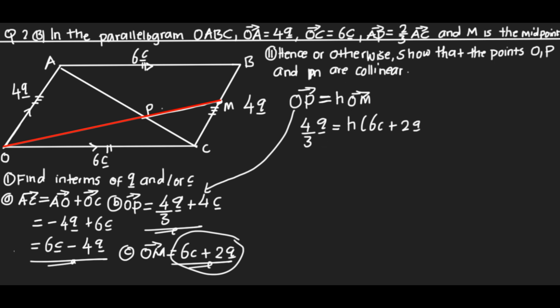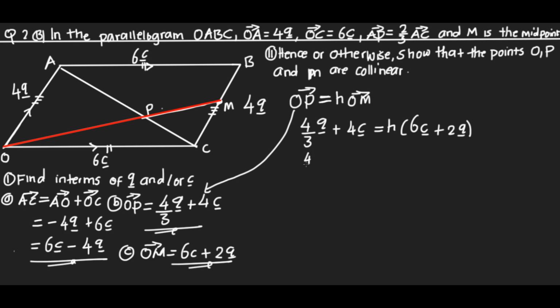Okay, I've made a mistake here. This is 3 over 4 of Q plus 4C. Then H multiplied by OM, which is 6C plus 2Q.